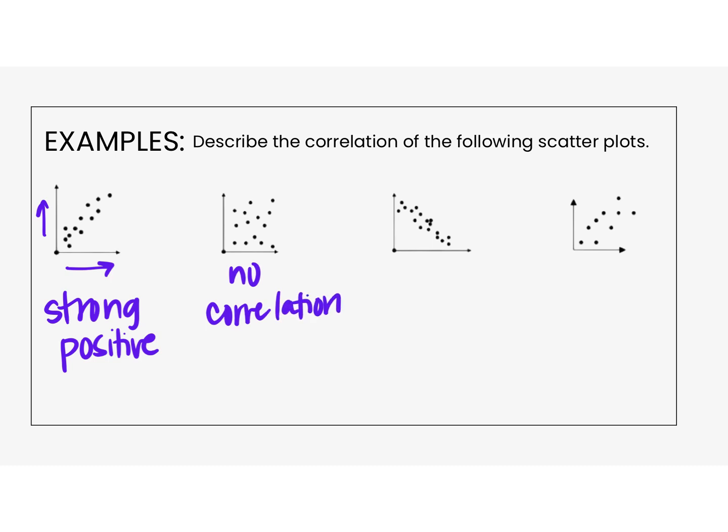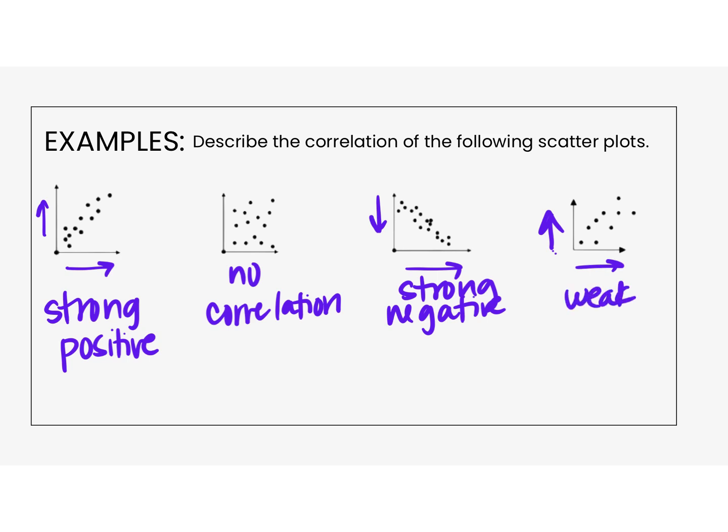There's no real way to tell whether it's increasing or decreasing. Okay, the next one, as x increases, y is decreasing. So that's a negative, and that's a strong negative. We can really see that. And then this last one, we can see that x is increasing and y is increasing. However, it's not as strong as the first one, so we're going to call this a weak positive. We can see the trend, but it's just not as close as the first one.